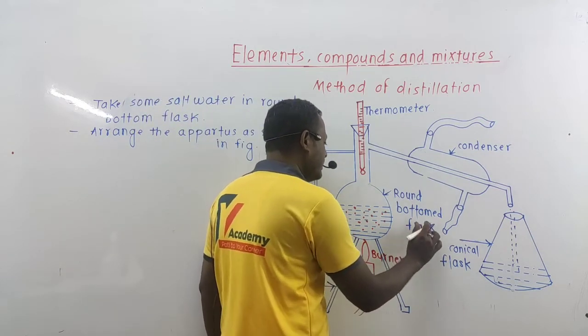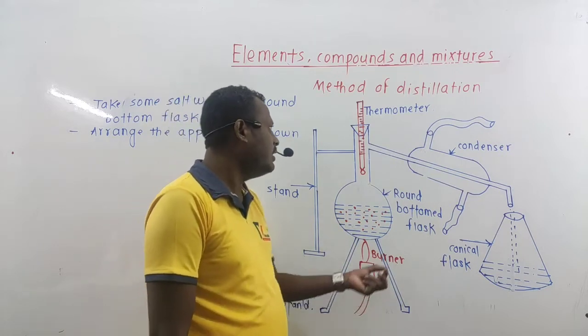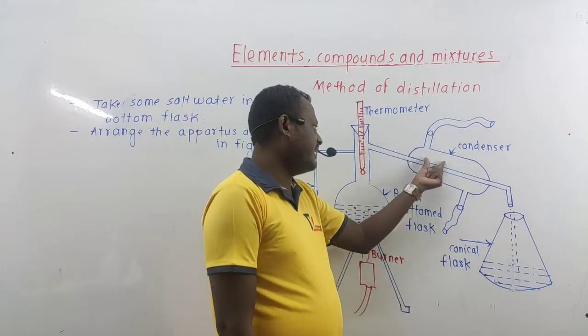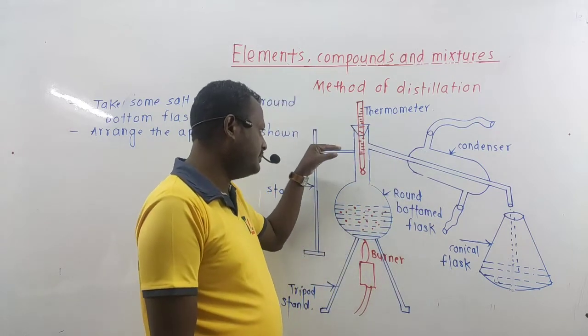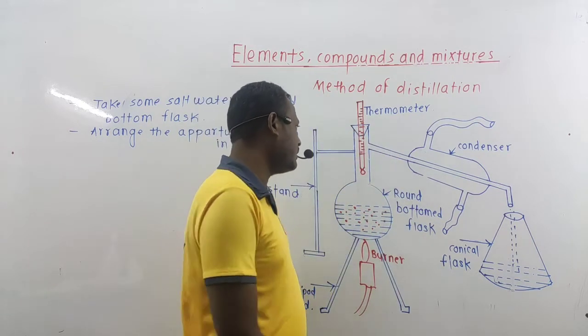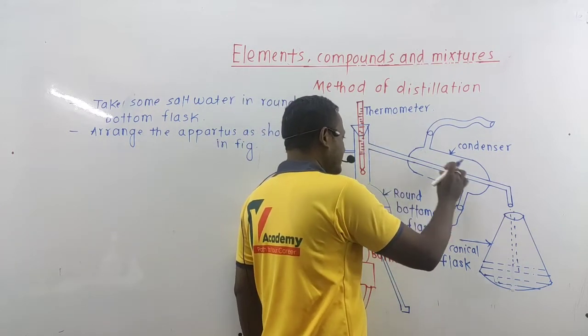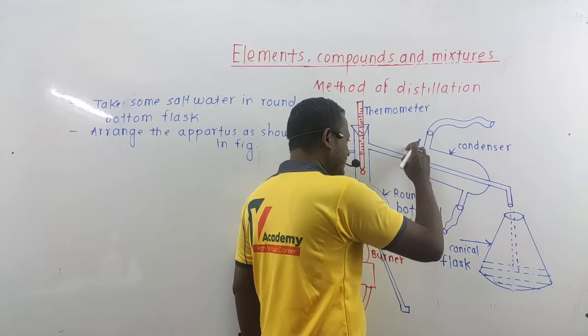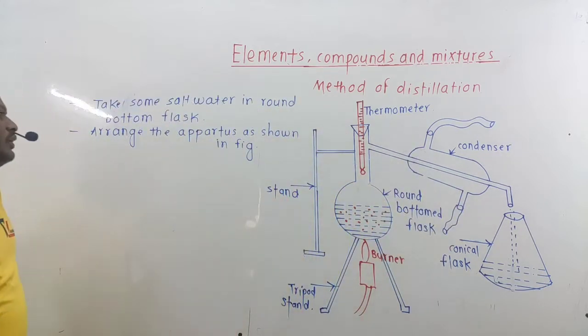Then this is a condenser, which is on the pipe coming from this round bottom flask. And what is the function of the condenser we will discuss.